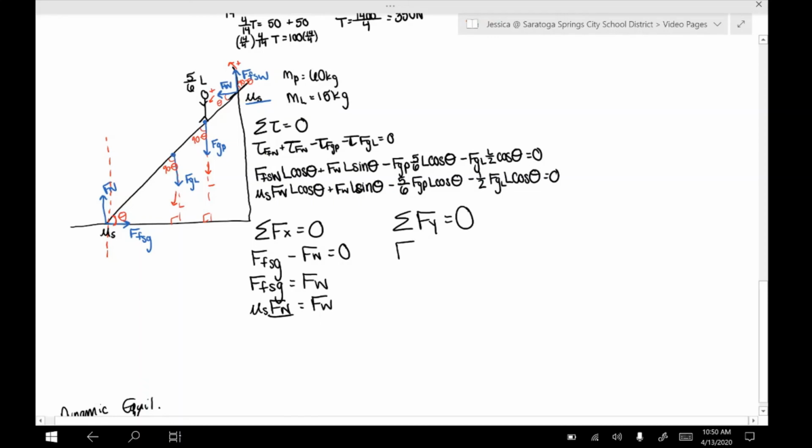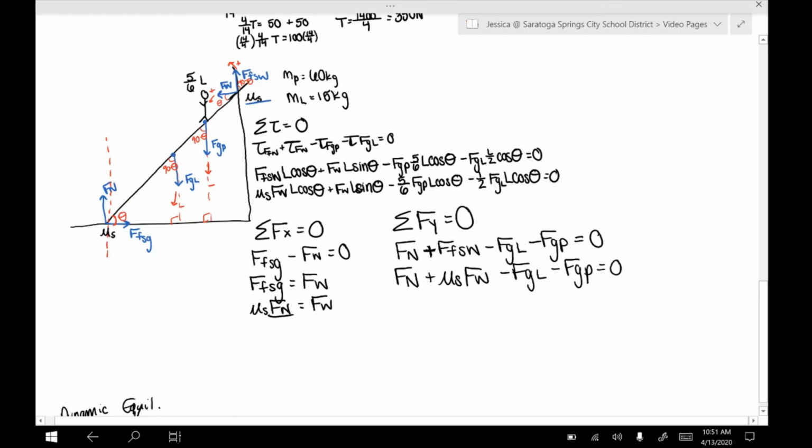My upward forces, I have a normal force, I have a force of friction from the wall. And then my downward forces, I have a force of gravity from the ladder, force of gravity from the person.